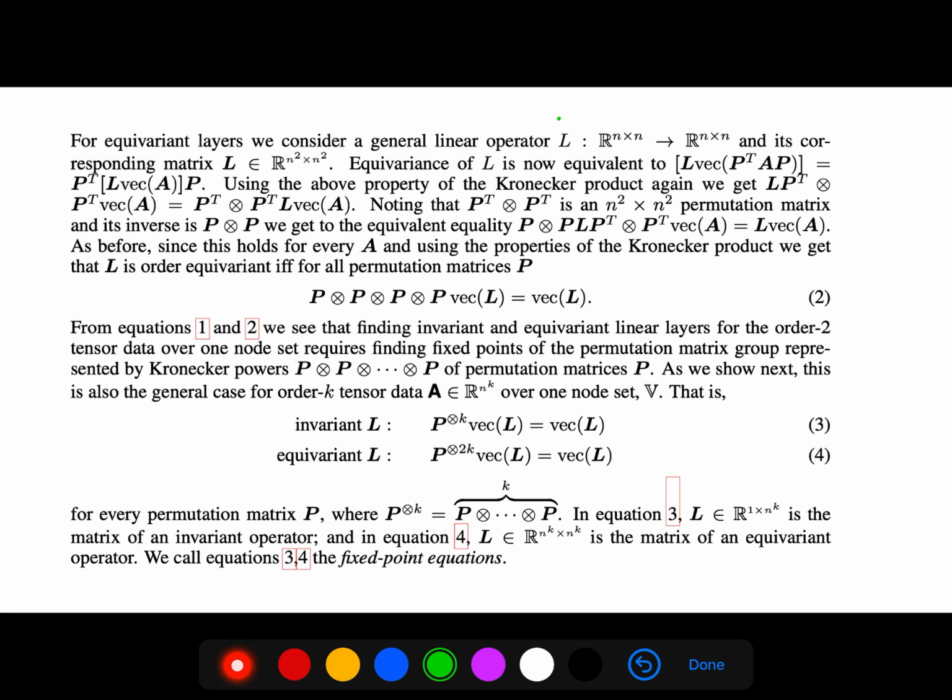We consider a general linear operator and corresponding matrix L. Equivariance of L means that P transpose A P should remain P transpose L of vector of A. So from this equation 2, we see that finding invariant and equivariant linear layers for order 2 tensor data over one node set requires finding fixed points of the permutation matrix group represented by Kronecker powers.